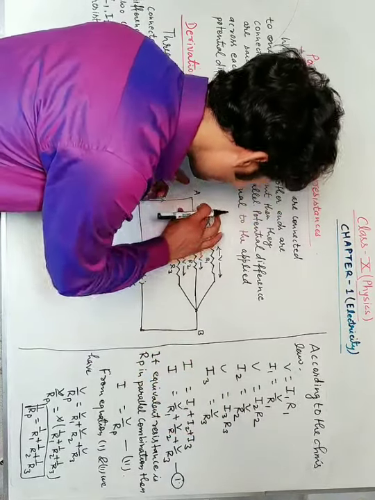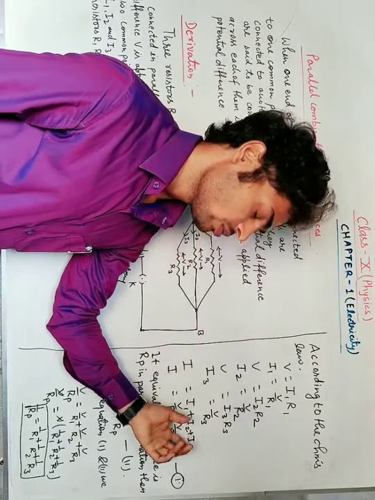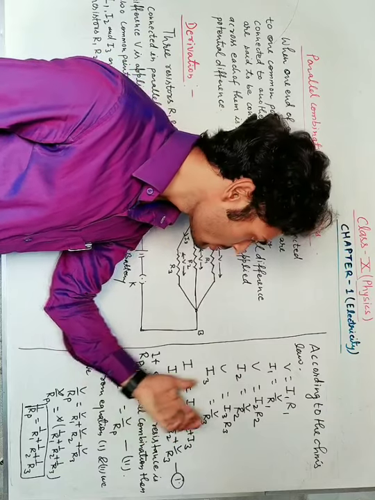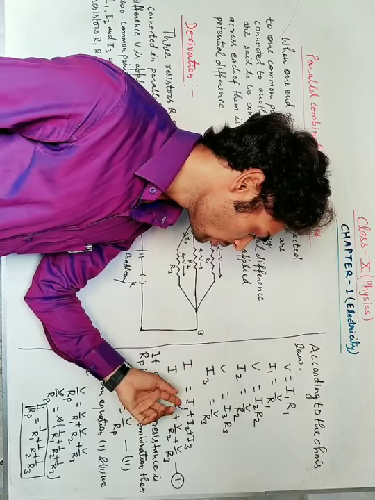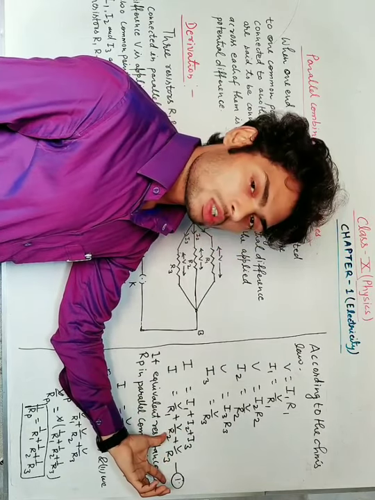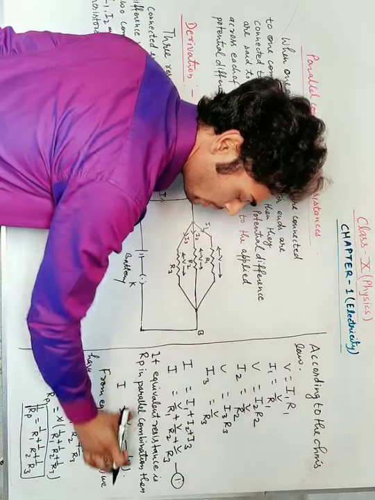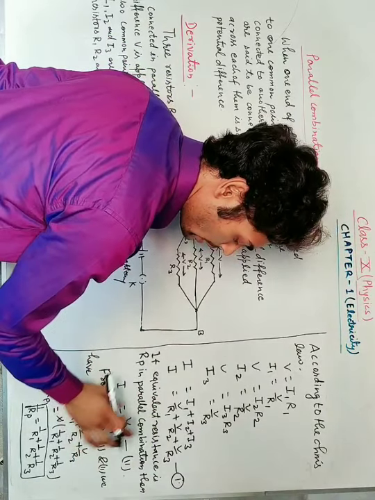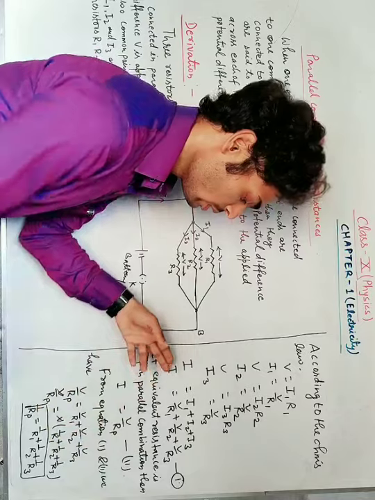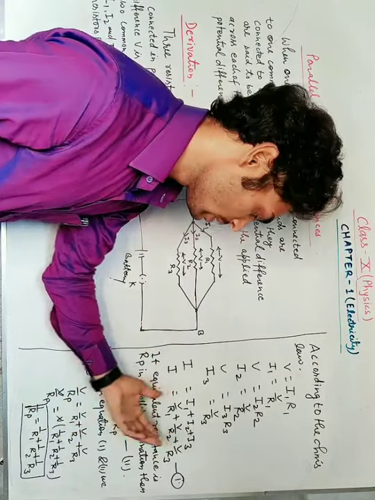We know that the equivalent current flowing through these resistors is I equals I1 plus I2 plus I3. Putting the values of I1, I2 and I3, we get V upon R1 plus V upon R2 plus V upon R3. Suppose this is equation number 1, and if the equivalent resistance is Rp, then I equals V upon Rp. From equations 1 and 2 we see that the left hand sides are the same, so the right hand sides will be equal.